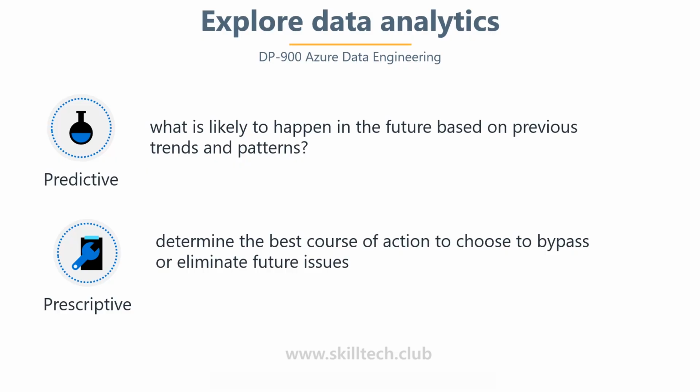Once you have done predictive analytics, you have recognized that there are some issues which can happen. Now, out of the available options, which one is going to be the best course of action that you have to choose in prescriptive analytics, which is again something like you detected the problem in predictive analytics and now we are trying to fix it.